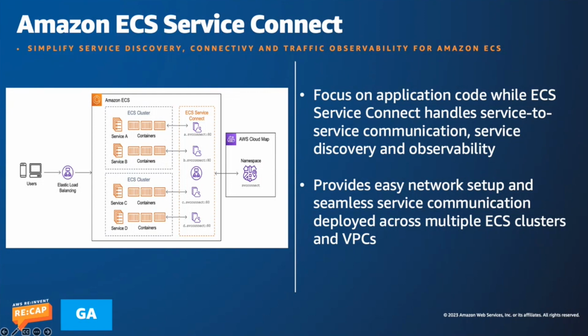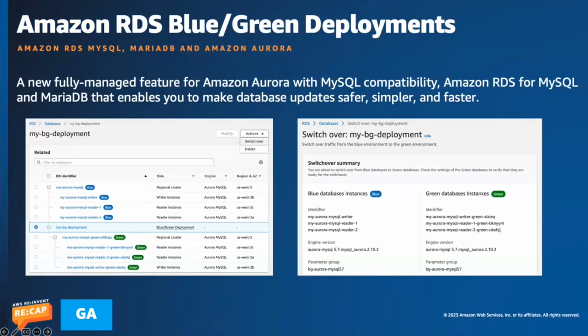On top of that, I wanted to call out a new functionality which is focused more on the database side, which is the new Amazon RDS blue-green deployment, which provides this capability to Amazon RDS MySQL, MariaDB, and Amazon Aurora, where with just a few steps, you can use blue-green deployments to create separate, synchronized, and fully managed staging environments that are pretty much a mirror of the production environment.